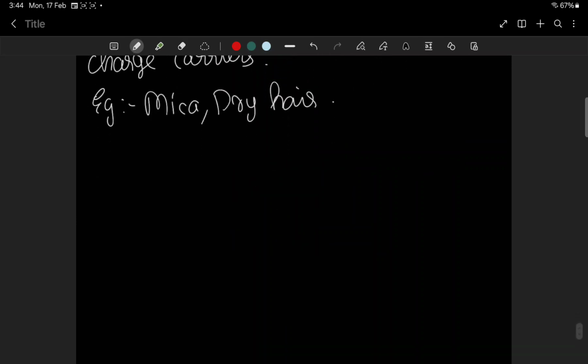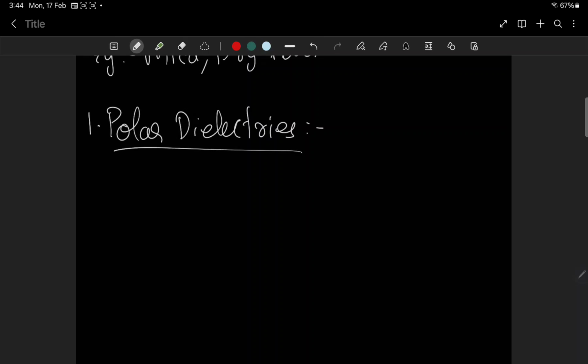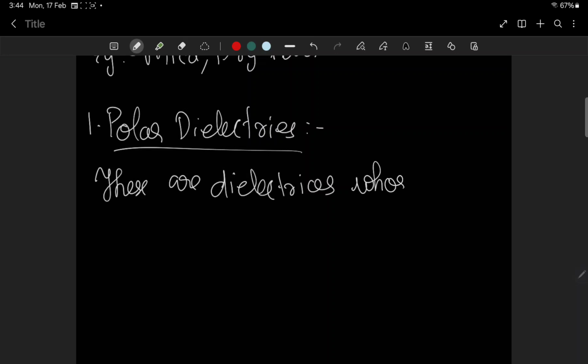Now we are going to talk about some types of dielectrics. The first one is polar dielectrics, like a polar covalent bond. What does that mean? Negative and positive charge are separated in the molecule, like HCl. These are dielectrics whose molecules are polar.